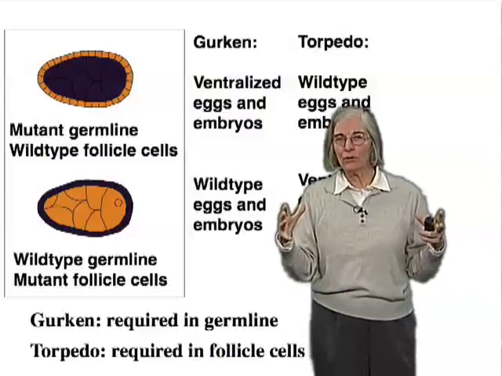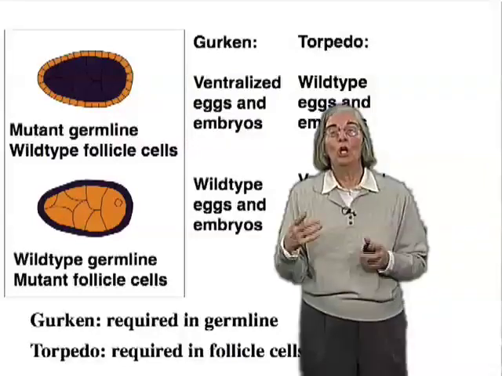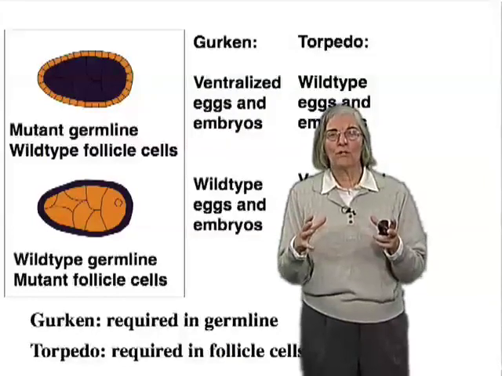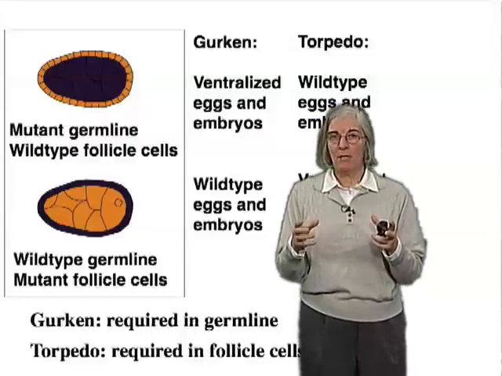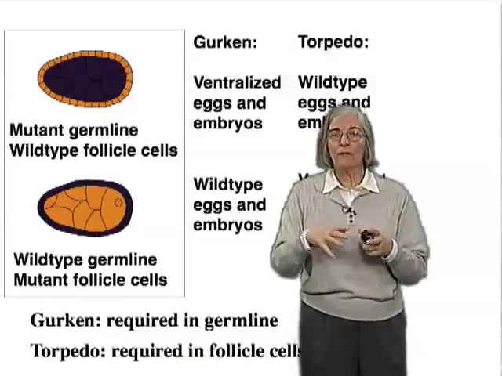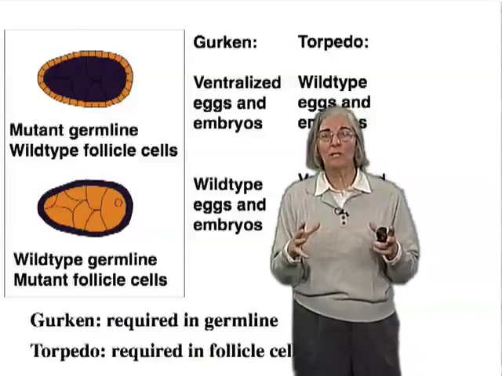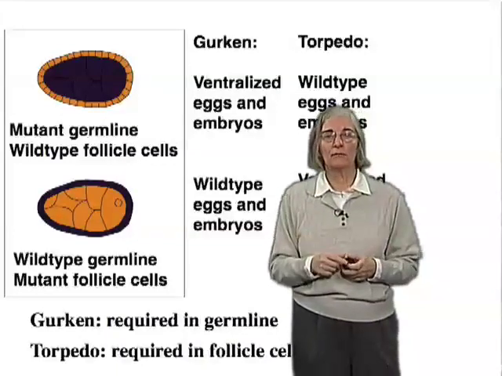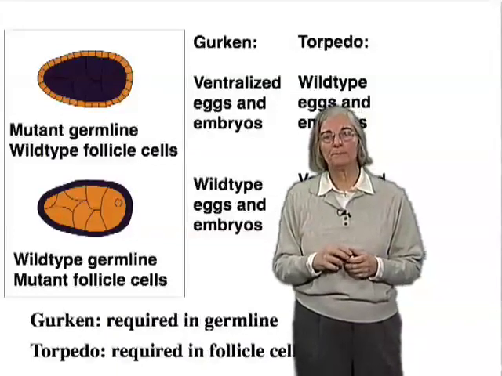With respect to Gurken, the follicle cells don't seem to look at their own genotype for pattern formation, but whenever the germline is mutant, they will form an abnormal eggshell, even though they themselves have a normal genotype.